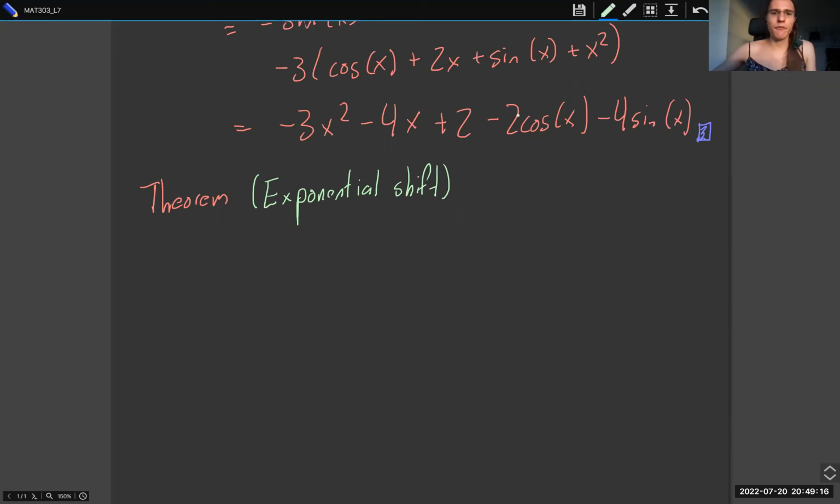And I have ventured far enough that I think I'm actually going to do the proof of the theorem. I'm going to prove a theorem. This might be the very first theorem that we're actually proving in the course.